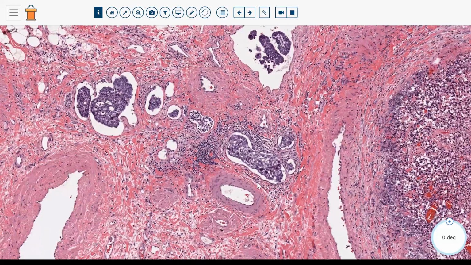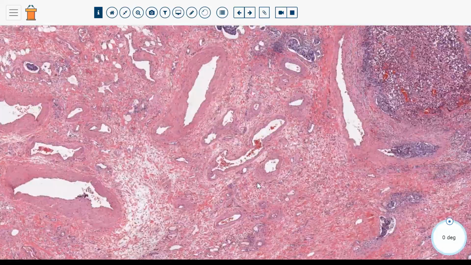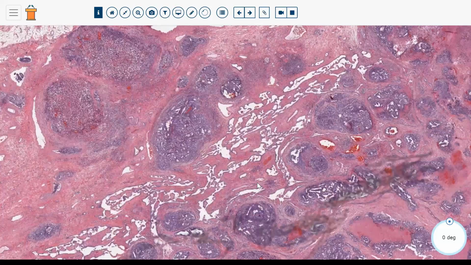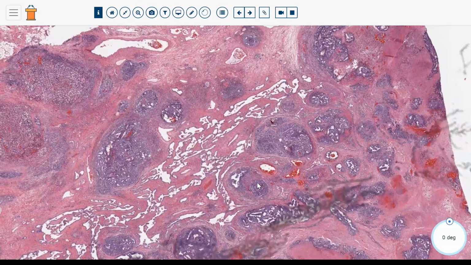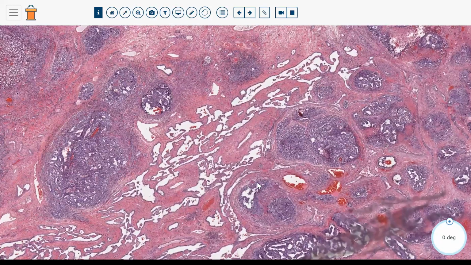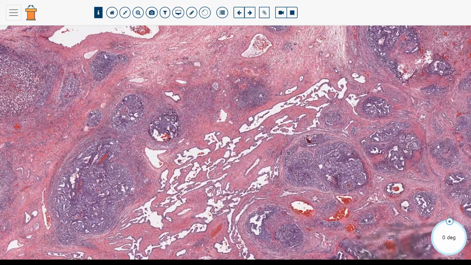They're not just loose aggregates of cells that are all over the place. So this is an example of embryonal carcinoma with attention to the lymphovascular invasion, which gets you to the pT2 stage in the current staging of testicular germ cell tumor. That's the AJCC 8th edition, which was released in, I think, 2016, I believe.